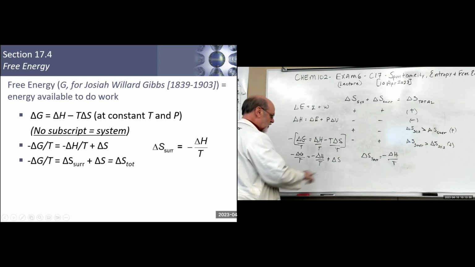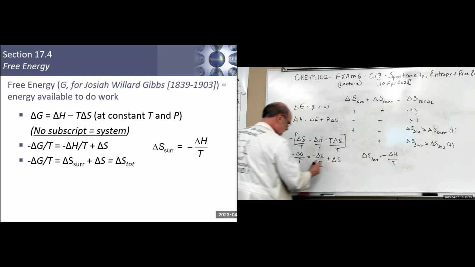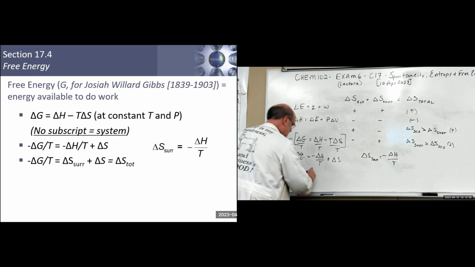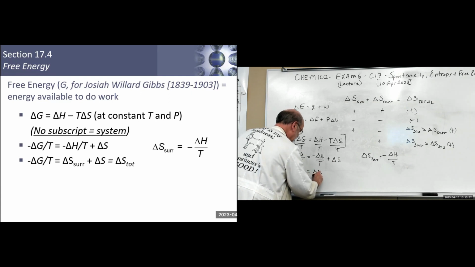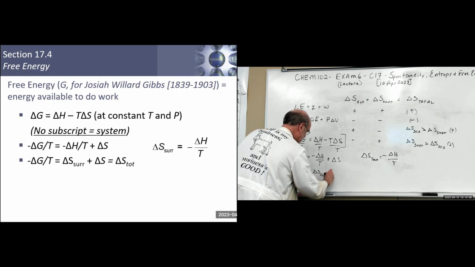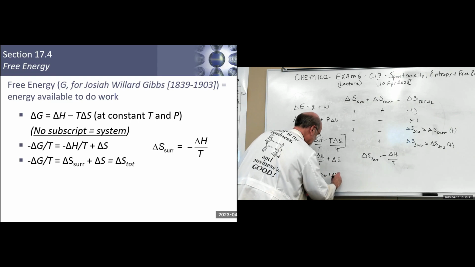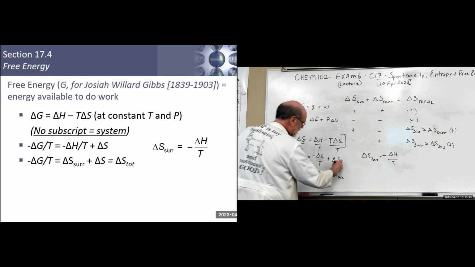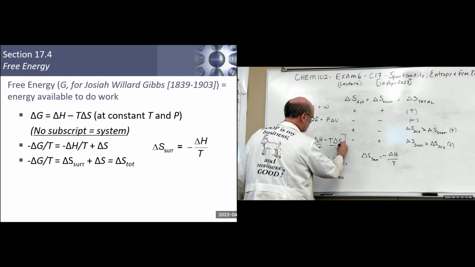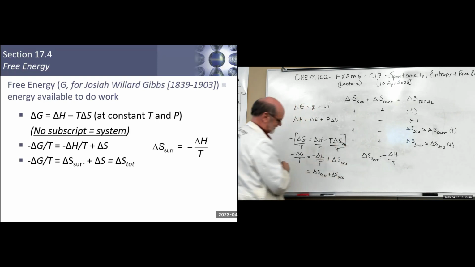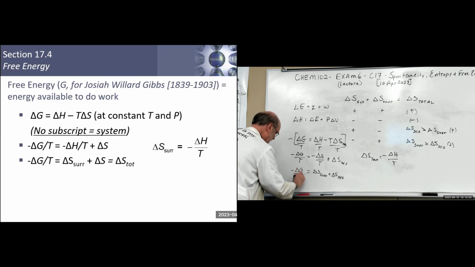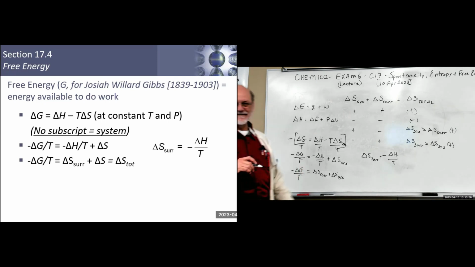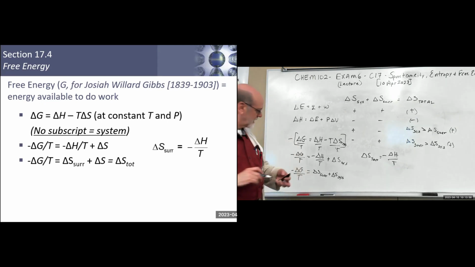So if we now substitute this in here, then this is delta S for the surroundings plus delta S for the system, and that's minus delta G over T. So far, so good.